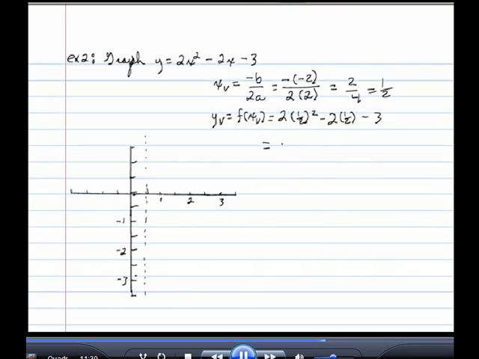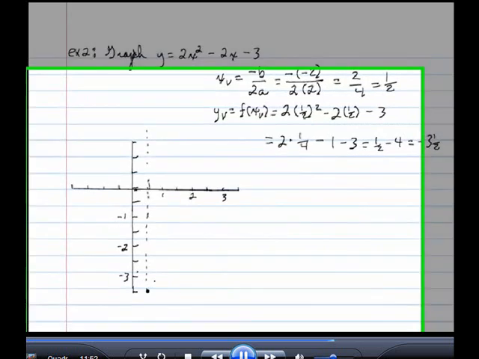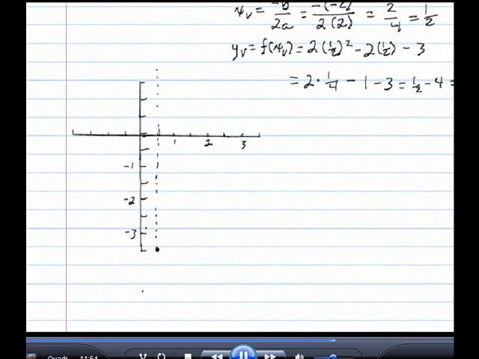Okay, 1/2 squared is 1/4, so this is 2 times 1/4 minus 2 times 1/2 is 1 minus 3. So this is 1/2 minus 4, which is negative 3.5. So if we come down 3.5 units, that's way down here, we find the y of the vertex.